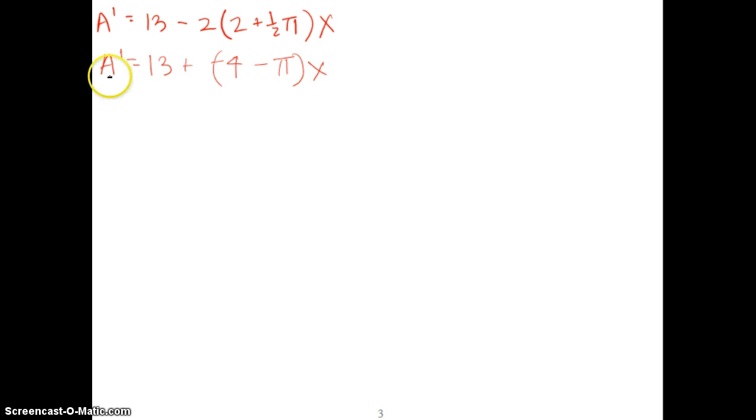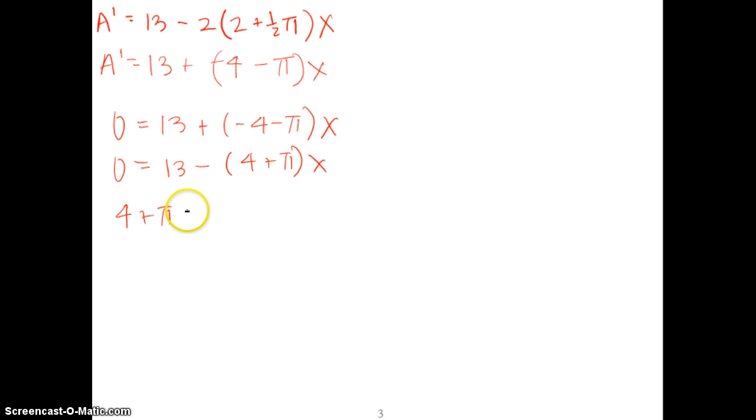So now to maximize the area, we're going to set the derivative equal to 0, so 0 equals 13 plus negative 4 minus pi x, and if we move that over, we can rewrite this as 13 minus 4 plus pi, right, x. So if we move the 4 plus pi over, 4 plus pi x equals 13.